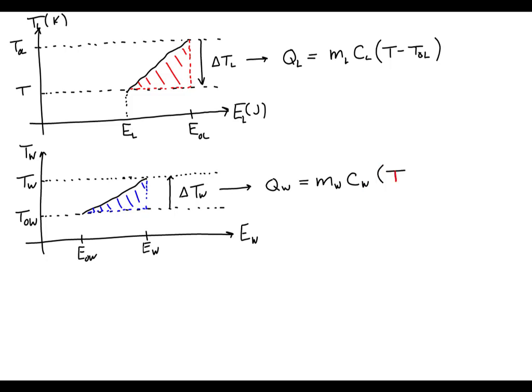Final temperature will be T. Initial temperature of the water is T, not W. And don't forget that the initial temperature of the water is the same as the initial temperature of the ice, which is 0 degrees Celsius.